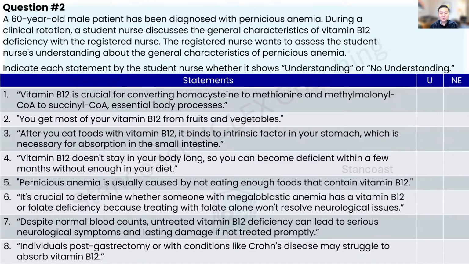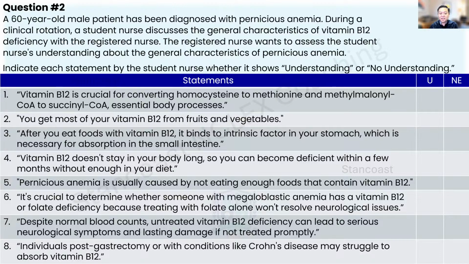A 60-year-old male patient has been diagnosed with pernicious anemia. During a clinical rotation, a student nurse discusses the general characteristics of vitamin B12 deficiency with the registered nurse. The registered nurse wants to assess the student nurse's understanding about the general characteristics of pernicious anemia.